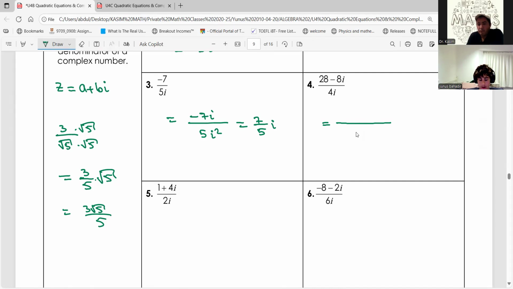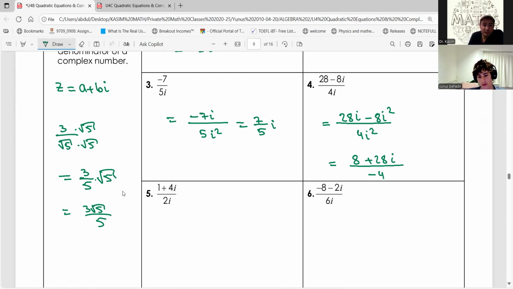So we have 28i minus 8i squared over negative 4, and the bottom is 4i squared if you want to write it first when you're practicing. What is negative 8i squared? Positive 8. So 8 plus 28i divided by -4, right?